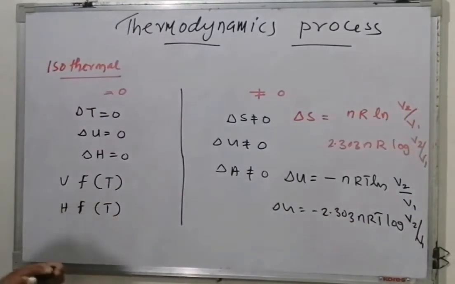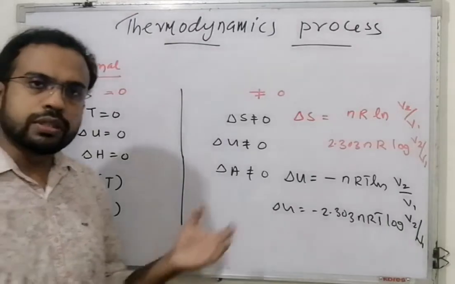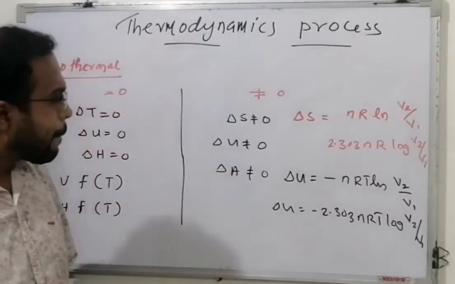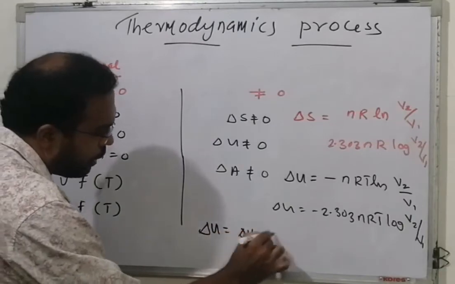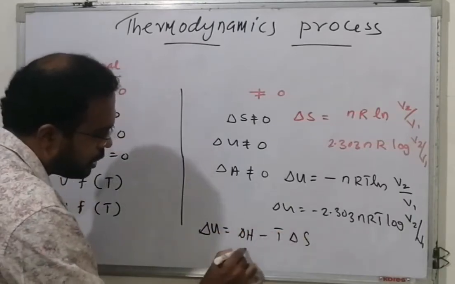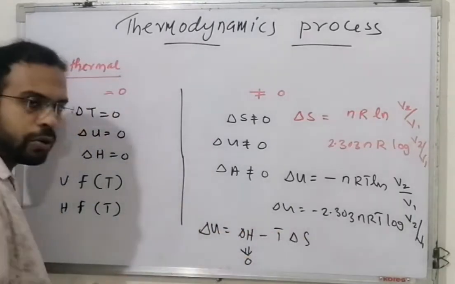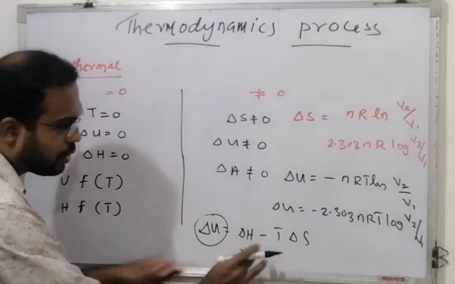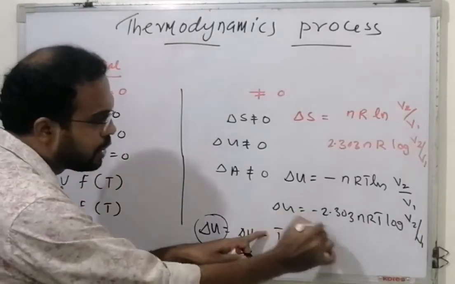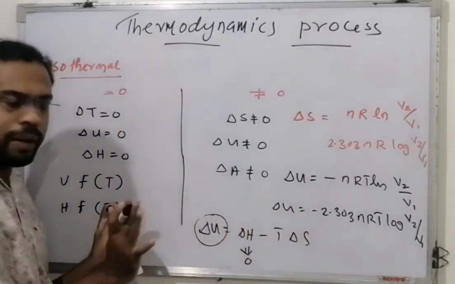Fine. I am not going into the details of the equation. You know why? Delta G is equal to delta H minus T delta S. This delta H is 0 for an isothermal process. Therefore, delta G is equal to minus T into delta S. Am I correct?